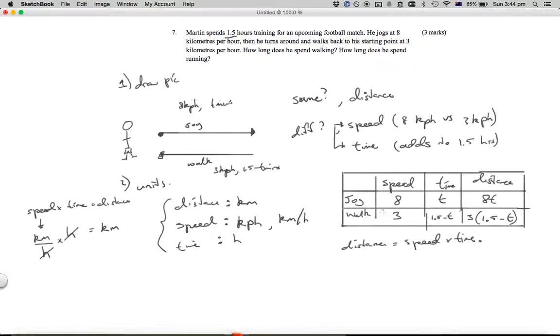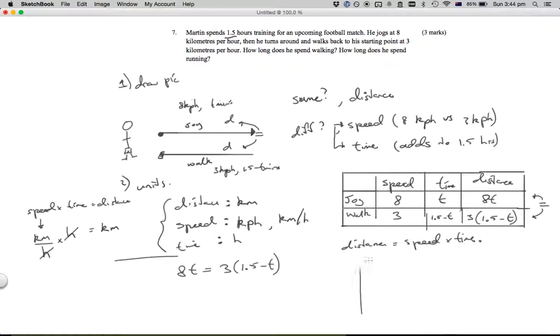Okay, and we know that these two things are equal because the distance here equals the distance here. So we can equate these two things and put them on opposite sides of the equal sign. 8t equals 3 times 1.5 minus t.